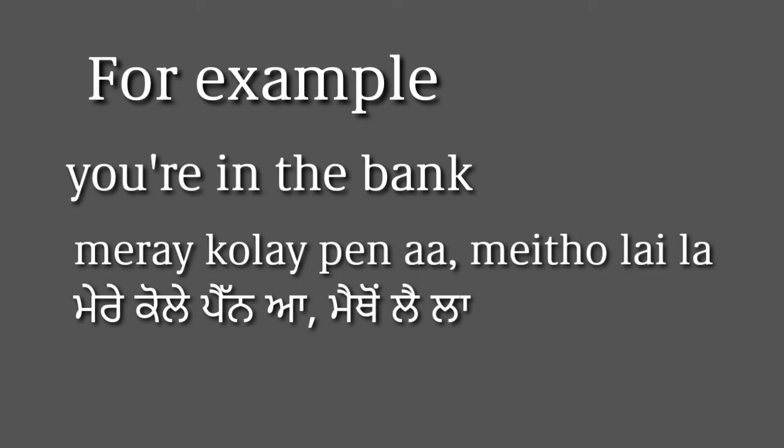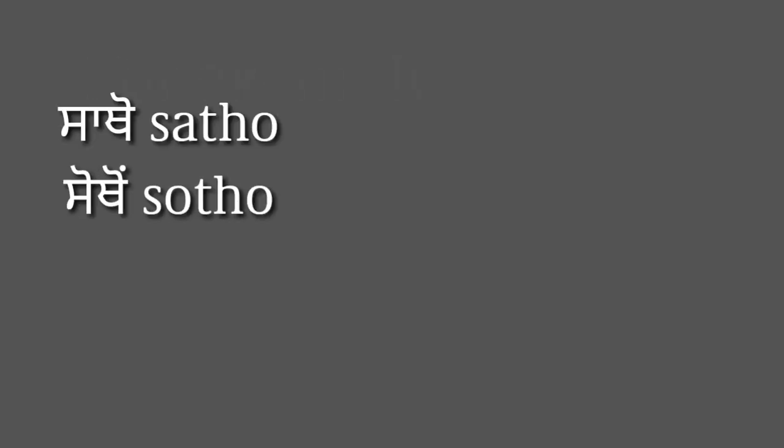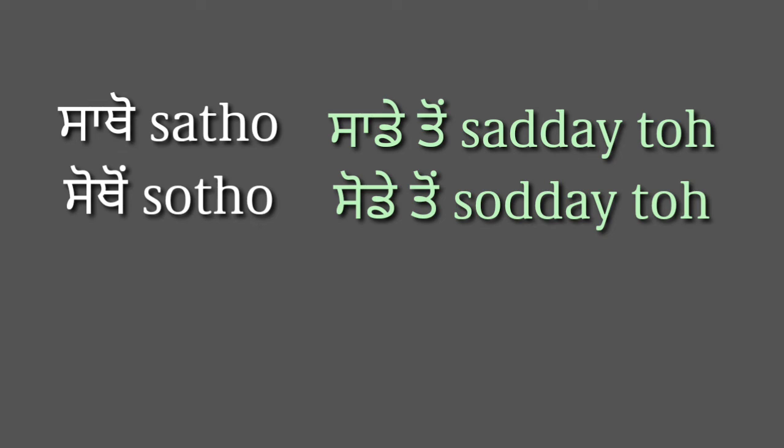So at the end, we solved this puzzle. One more thing, actually, I forgot to mention two more words, sathon and sothon. They mean sadeton and sodeton. Instead of saying sadeton, mostly we say sathon, alright? Which means from us.